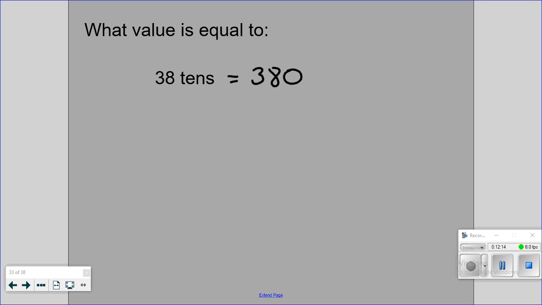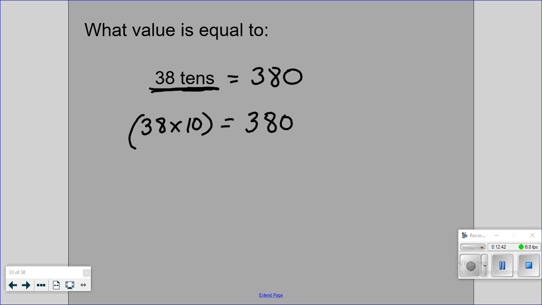Logan, why is it not just 38? Because if it was 38, it would have to be 38 1s. Yes, we have to pay close attention to what we're counting with. In this problem, we're counting by tens. 38 groups of 10, not 38 groups of 1.